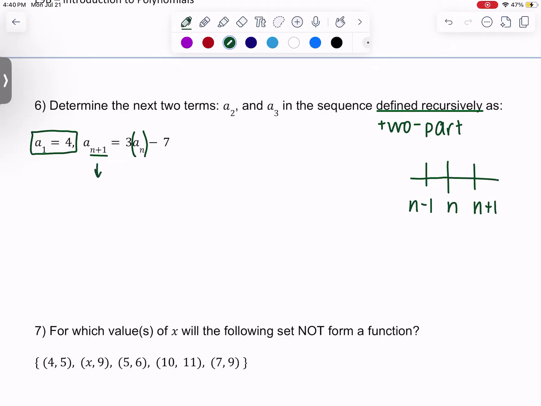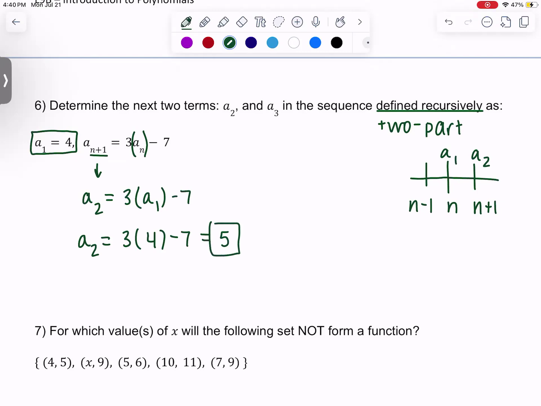So if we're looking for a2, we do 3 times, let's go back to our number line. If a2 is the number we're looking for, if that's n plus 1, the number before it was a1, which we have. a1 is 4. So 3 times 4 is 12, minus 7 is 5.